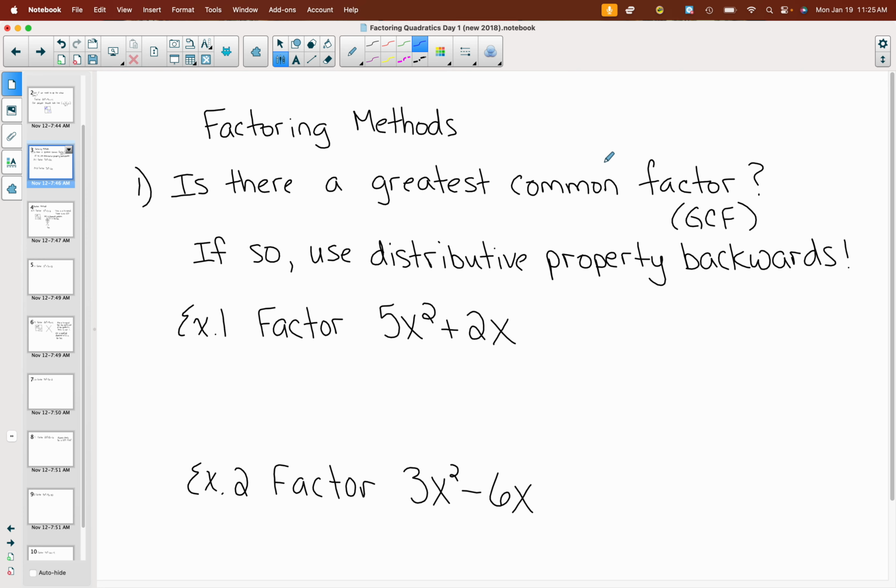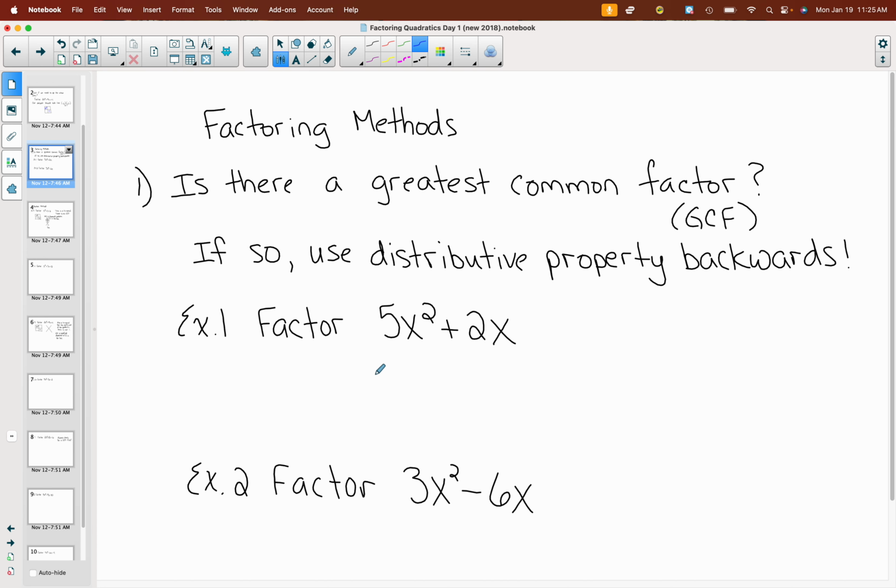So the first thing you're going to do is ask yourself, is there a greatest common factor, or a GCF? So you're going to look at each term. Here's a 5x squared, here's a 2x. Well, notice I can't take a number out. 5 and 2 do not have a common factor, but with x squared and x, I can take out an x. So notice what I say. If so, use the distributive property backwards.